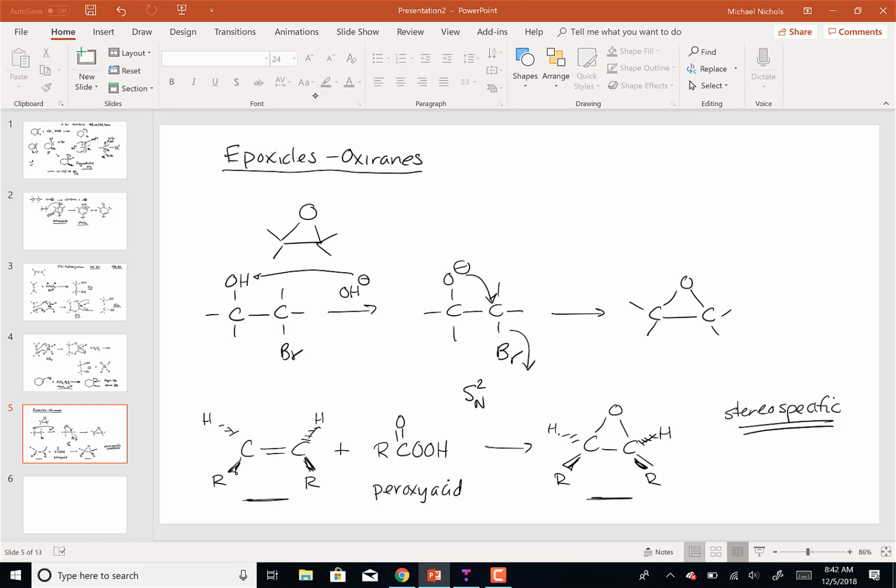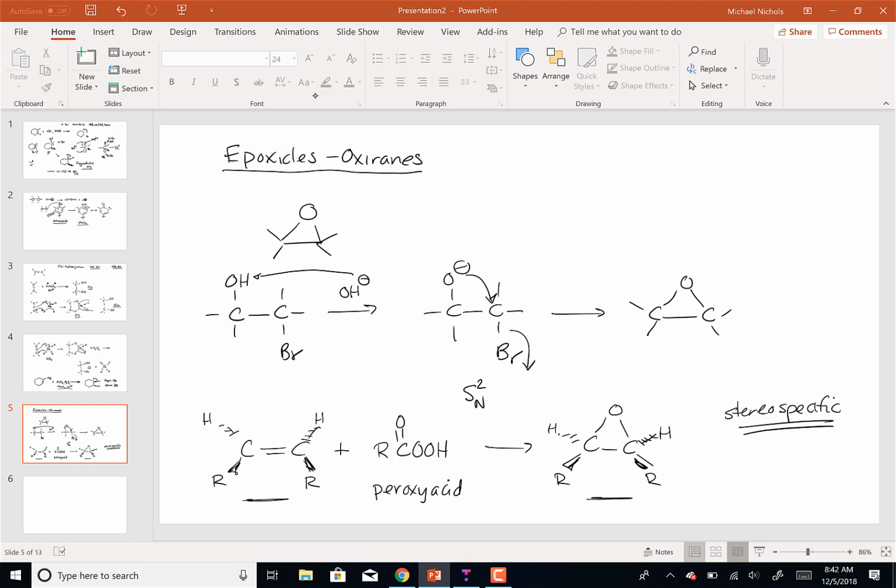It now becomes R. So I change the stereochemistry of the reactant, what happens to the product? It becomes different. Okay? So that's stereospecificity, and this is an example of it, as is SN2. There are other stereospecific reactions, but we're going to hold off on those until next semester.